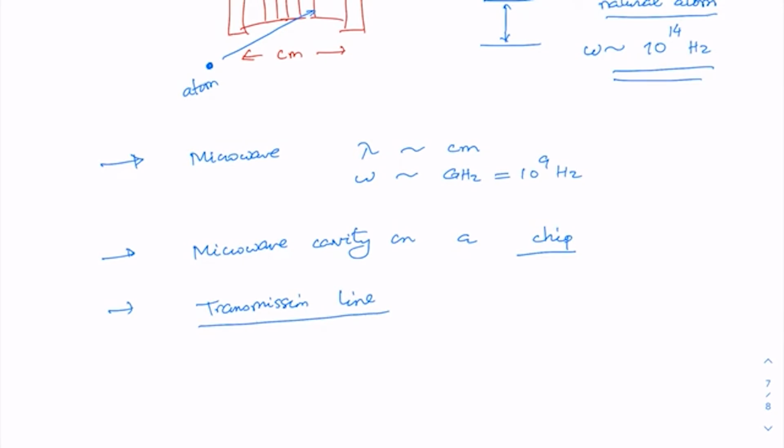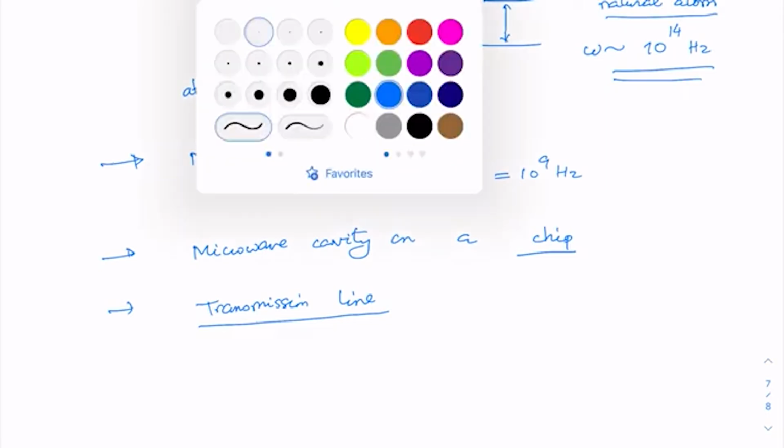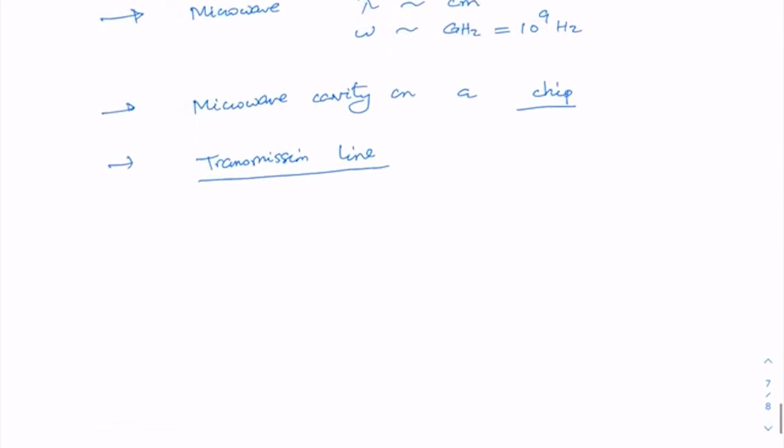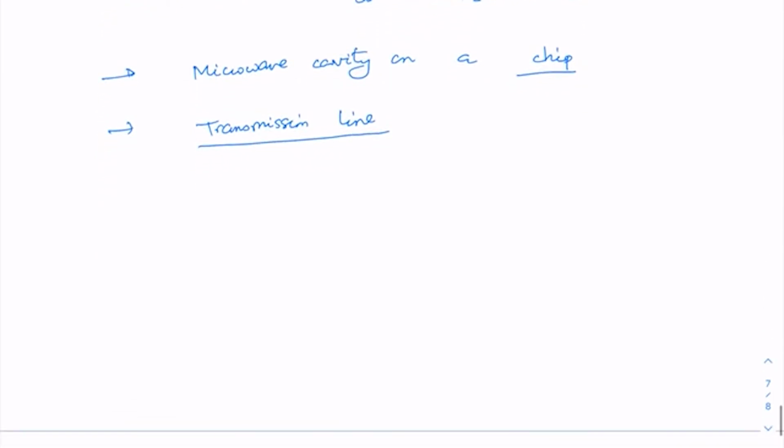However, to get a good idea, it would be better for me to first discuss waveguides for microwave radiation. So let me discuss briefly about waveguides. All of us know a typical waveguide is the so-called optical fiber, but that is for optical radiation.